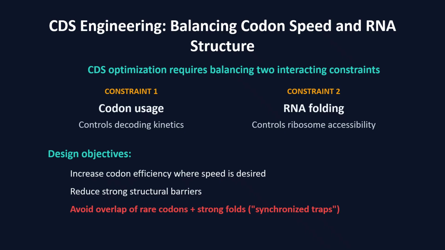But the most problematic situations are when both happen at the same location. A rare codon inside a strong hairpin is not good. That combination can severely impair translation. So coding sequence engineering is really about balancing decoding speed and structural accessibility across the entire transcript.